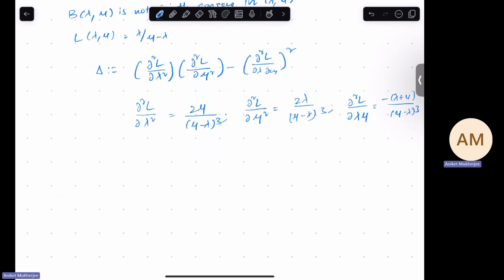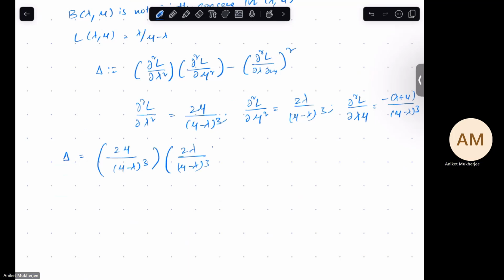Now if you find delta, we have 2 mu by (mu minus lambda) cubed, 2 lambda by (mu minus lambda) cubed, minus lambda plus mu over (mu minus lambda) cubed, whole squared.